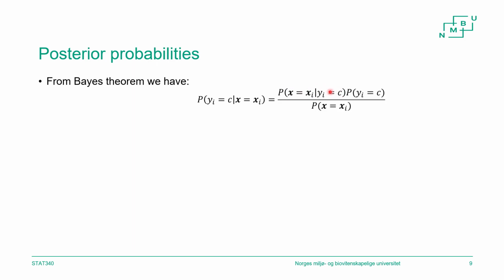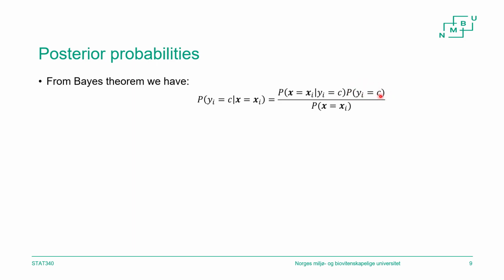Notice how this is opposite of this one. Right? Here you have the probability of this one, given that this is the case. Here you have the probability of the data given the class. And then you have the prior probability here.